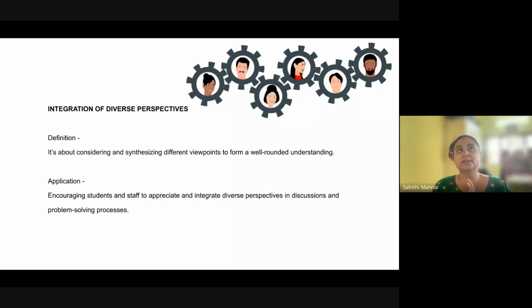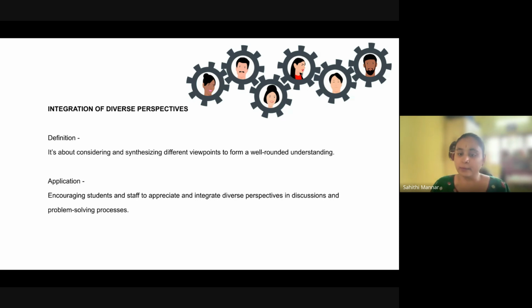So, for instance, while we are addressing a school policy, it is very beneficial to consider the perspective of teachers, students, parents, the helper staff, all of them, right? For example, let's say we put a school rule saying no one should wear saris, just a rule.